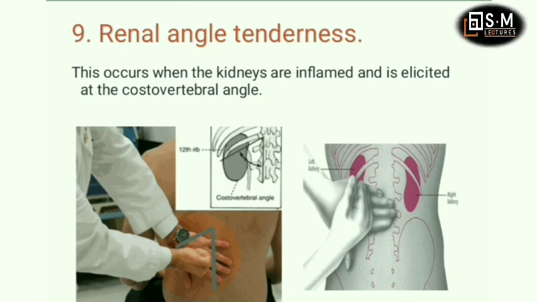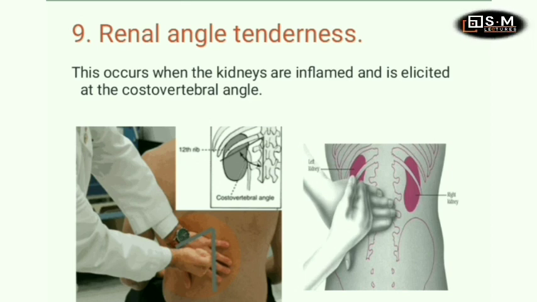If you look at this diagram, you will see this is a patient, then the hand is placed at the costovertebral angle. Costo means rib, and vertebral, that's the vertebral column, the backbone.